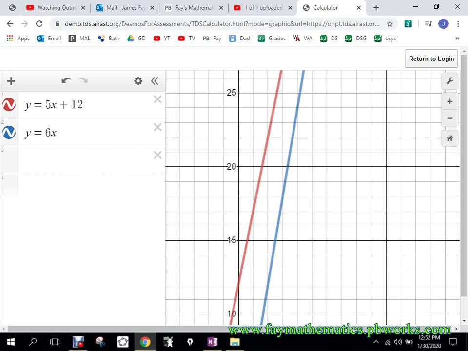So 2 classes is going to cost me what, $22? Does that make sense? Okay. So for the red equation, which was 5x plus 12, it costs me $22 as a member to be taking 2 aerobics classes.